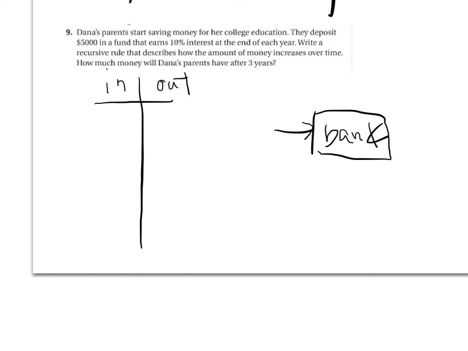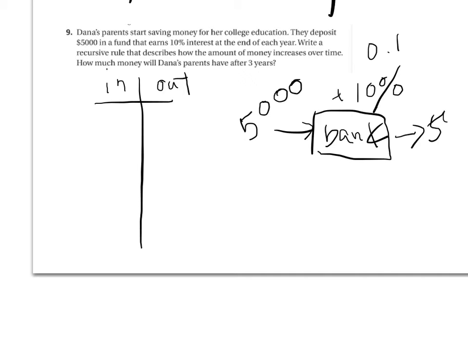If you put in $5,000, then it gives you 10% of it. So 10% of 5,000 is 500, right? So it gives you plus 10%, which means you multiply by 0.1.